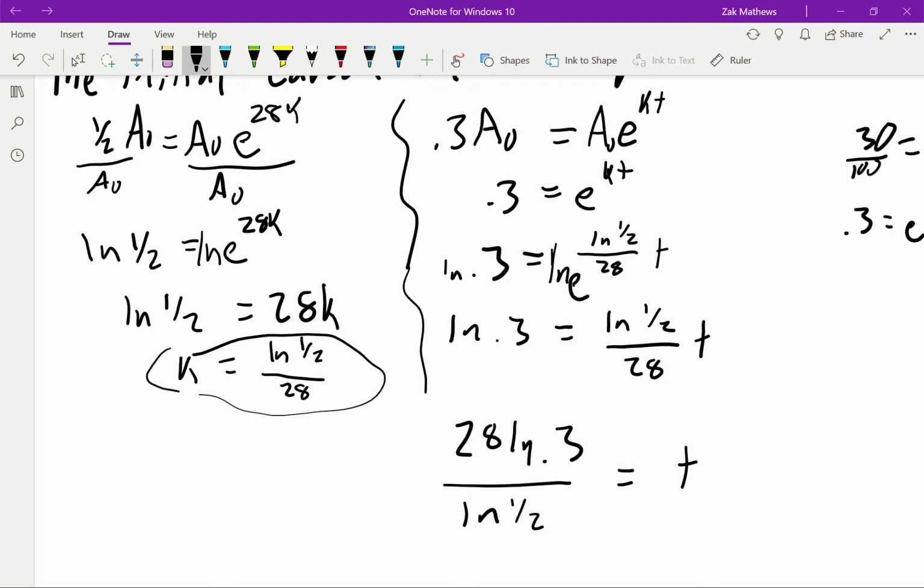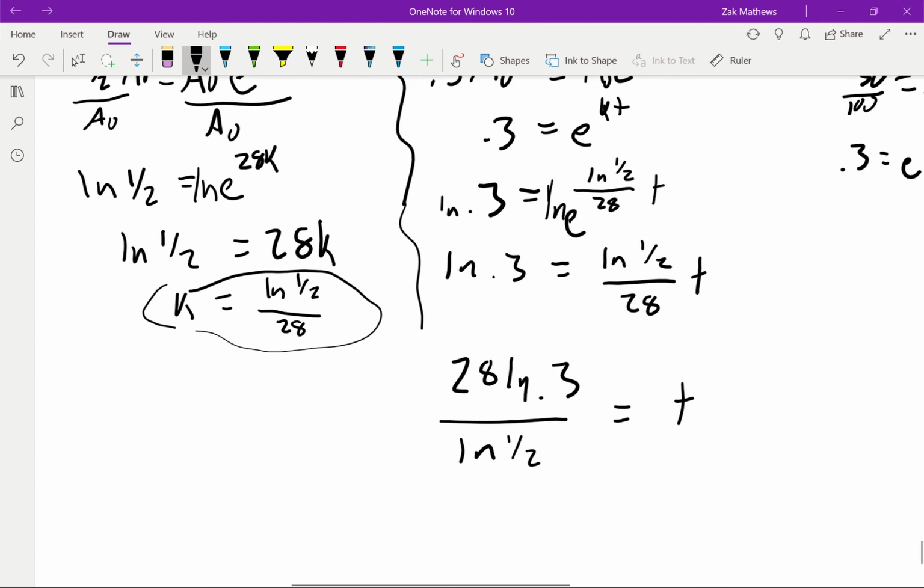And so now, because this is the thing I actually want to know the answer for, I'm going to type this into the calculator. 28 natural log of 0.3 divided by the natural log of 1/2, and we should get a t-value of approximately 48.64 to 2 decimal places.